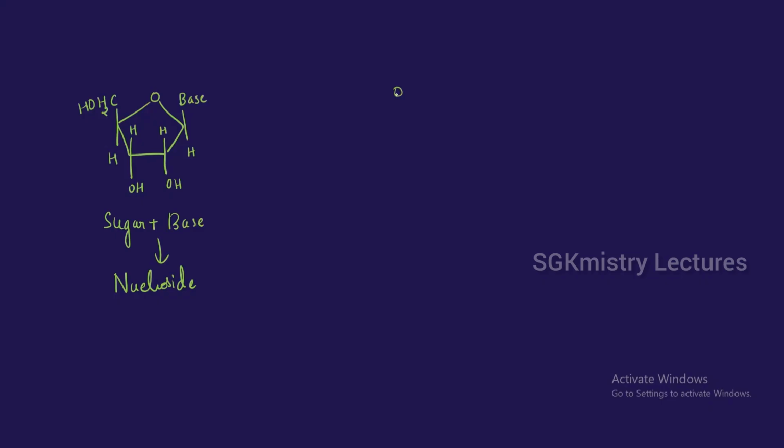Same way, if I have to write the structure of a nucleotide, we have the base, we also have the sugar. Let me write the ribose sugar itself. So OH, H, H, here we have. Now, the CH2OH that was there, the CH2 will remain as such.